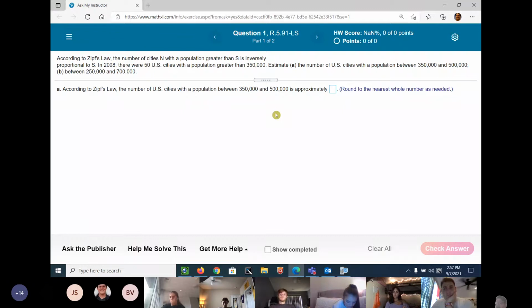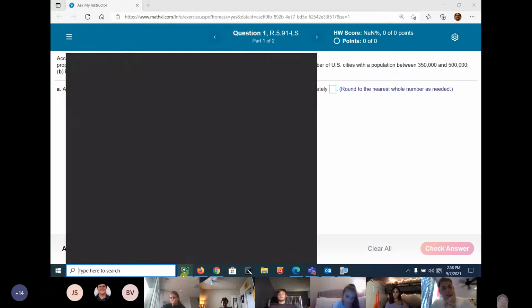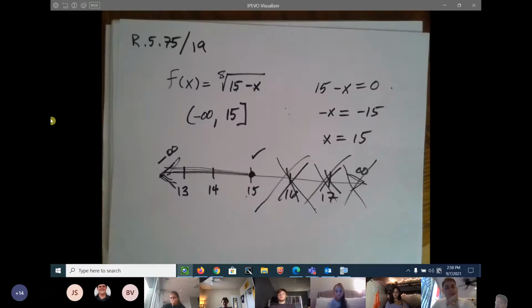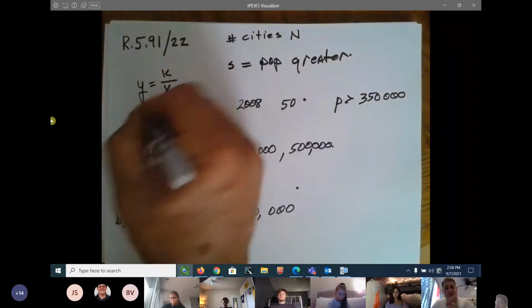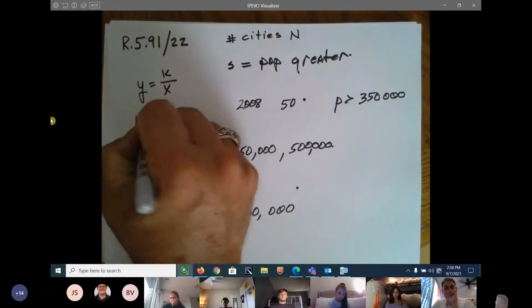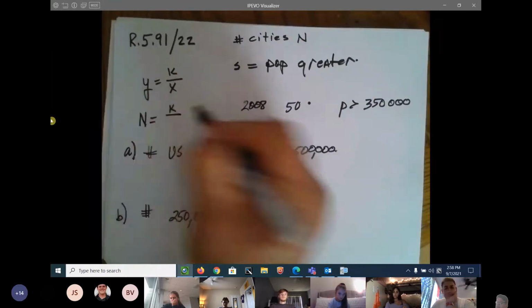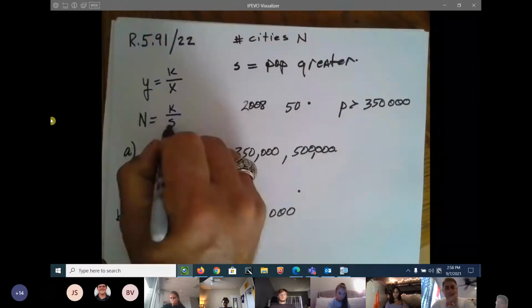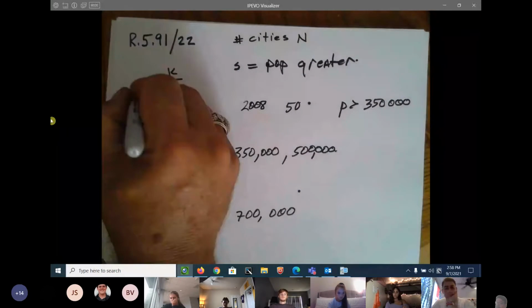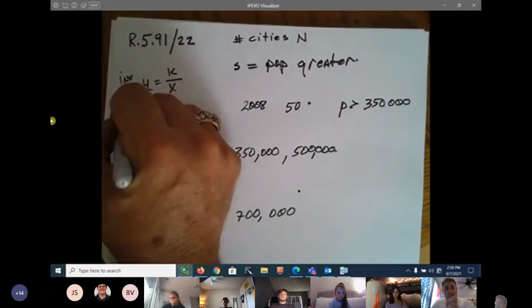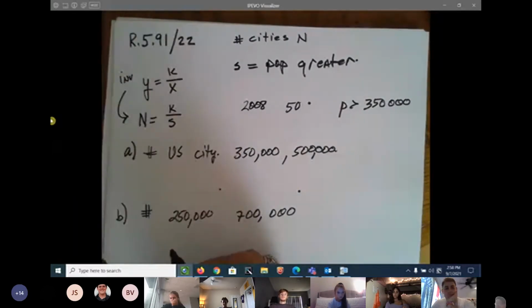Well, first of all, I'm going to do this. I think I'm doing this right. I'm on this problem right now on the homework. It looks like N is equal to K over S, because this is your inverse, and then you put your variables in there.